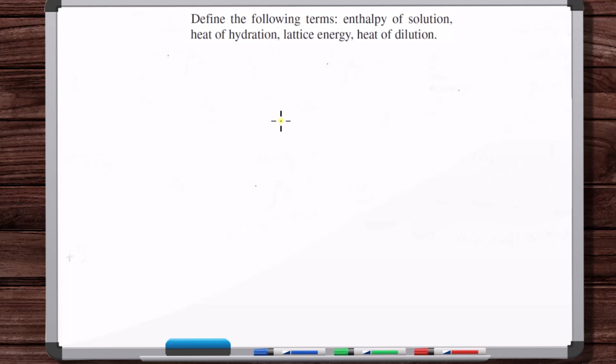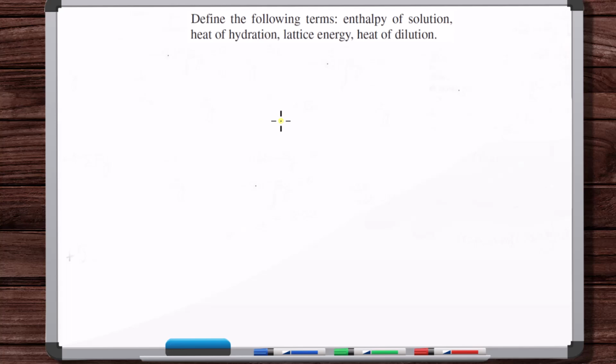The lattice energy is defined to be the energy required to completely separate 1 mole of a solid ionic compound into gaseous ions. That's the lattice energy. And it's not the energy required to separate a mole of solid ionic compound into ions in solution. This is just the breaking up of the lattice structure.